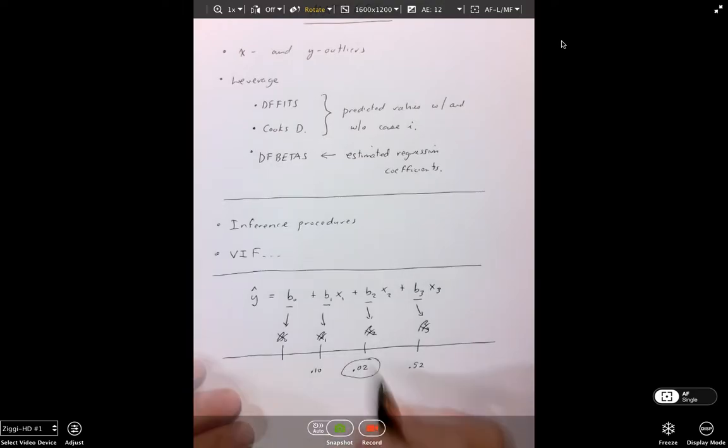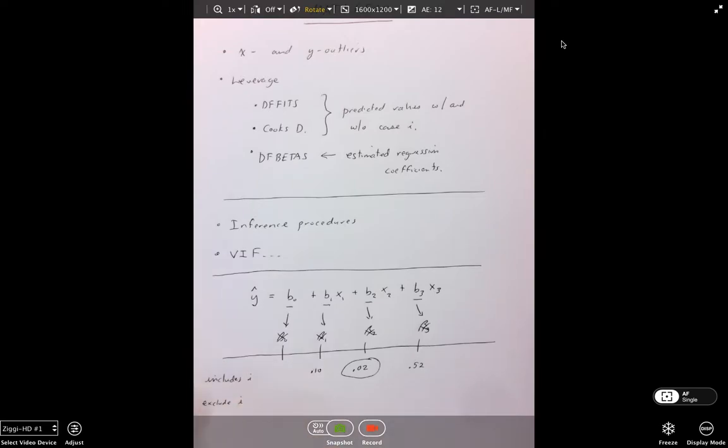What we would say is that beta 2 is statistically significant in terms of predicting our response y when controlling for x1 and x3. Now, let's say this includes some generic case i, but let's say we exclude the case.